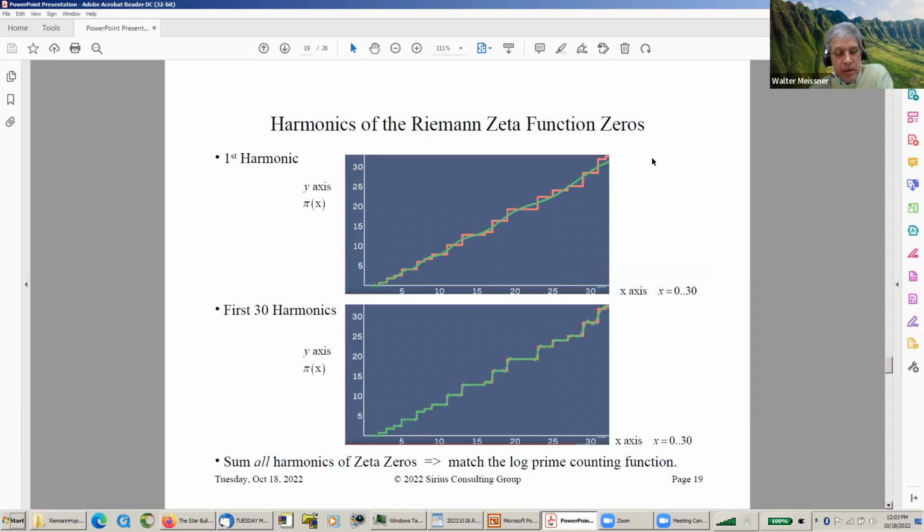So just a bit about harmonics. People that are familiar with the Fourier series know that you can take the sum of sine waves, and by choosing which sine waves you add up, you can create a square wave, a triangular wave, and you can generate any wave you want.